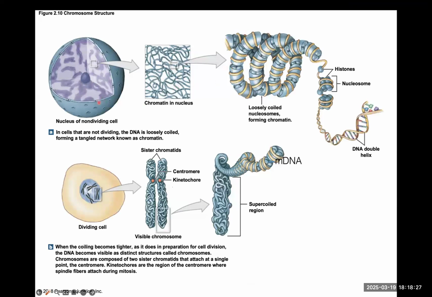So here you have the nucleus, and there is this chromatin in the nucleus. When you keep zooming in, it's going to look like this, chromatin, and then when you unwind it, it's the double helix DNA, and these color-coded things are the nucleotides, the A's, T's, and G's and C's.